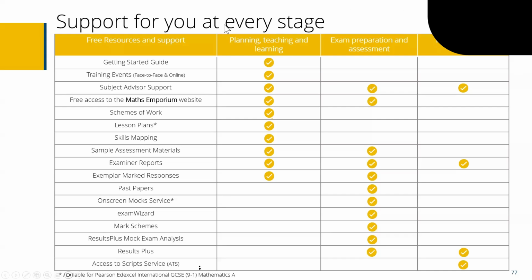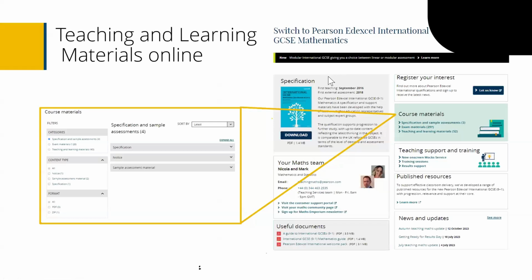You can see from here, when you go onto our website, if you click on the course materials here, then this opens and it's split into the sections on the side here that you can then look and refer to. So we've got a number of resources there. Then we've got the specification, exam materials, forms and administration, and teaching and learning materials. And we keep adding more and more resources, like I mentioned earlier on.